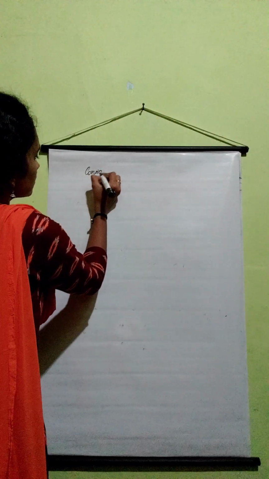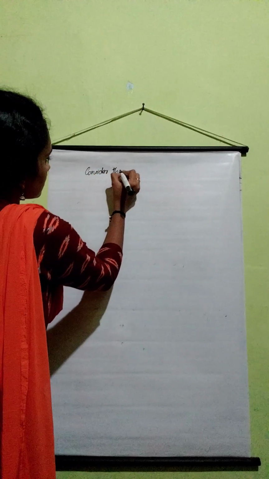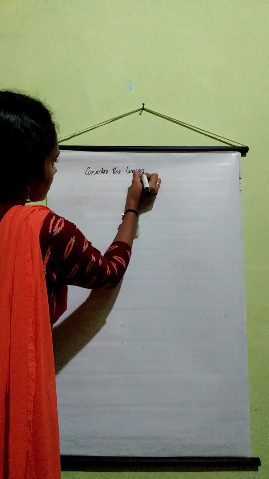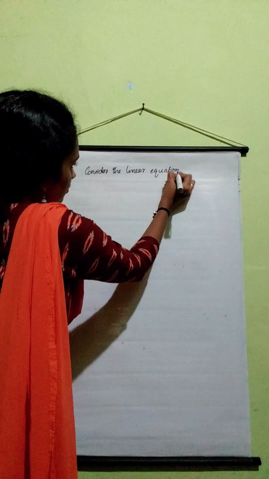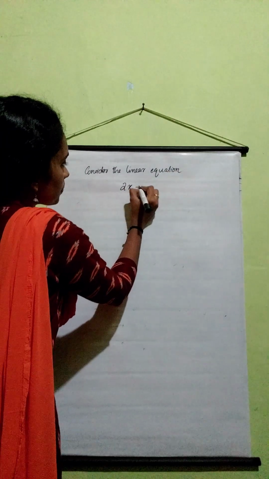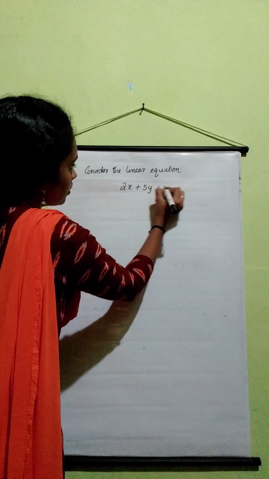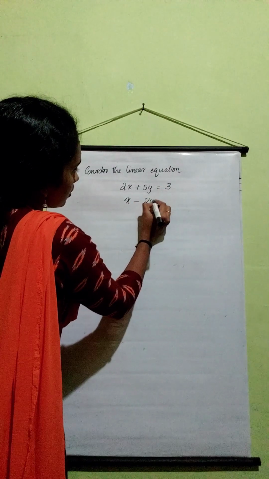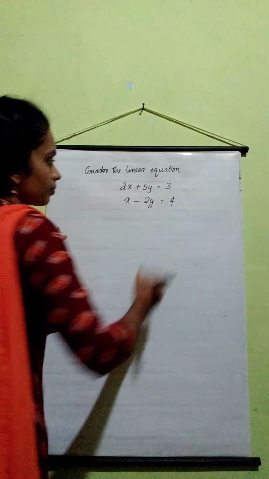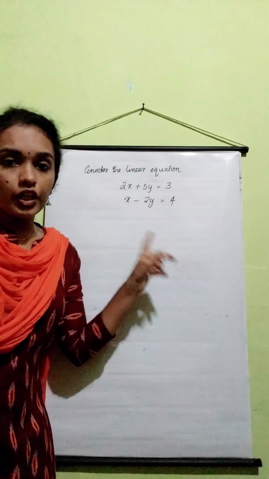So, now consider the linear equations 2x plus 5y equal to 3, x minus 2y equal to 4. Here we have two linear equations.